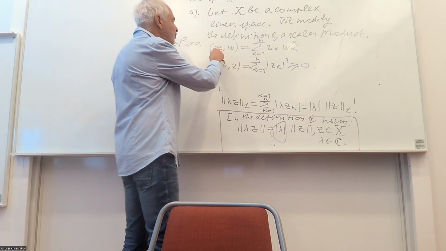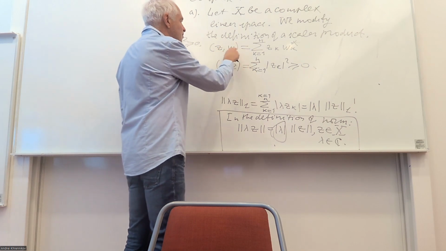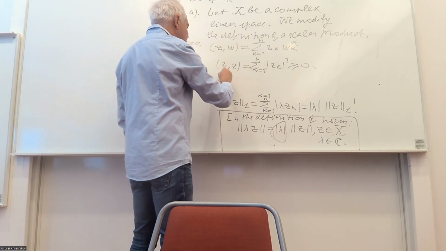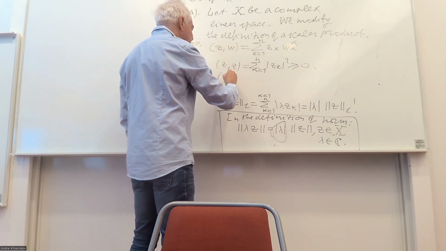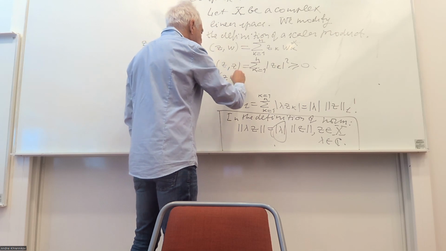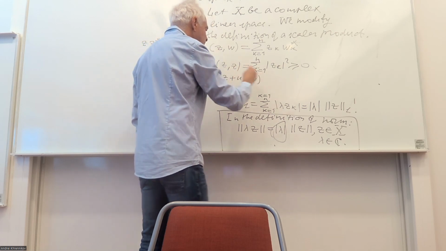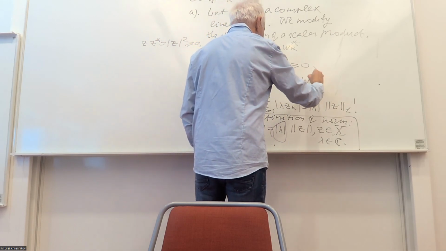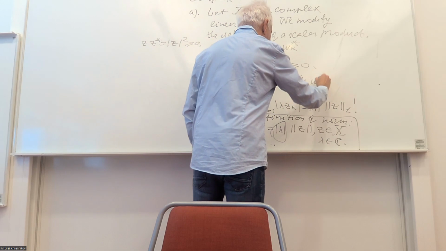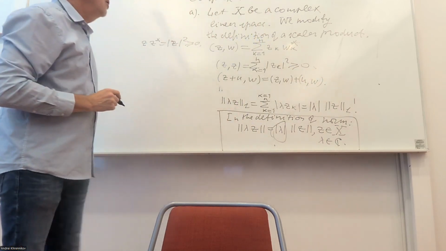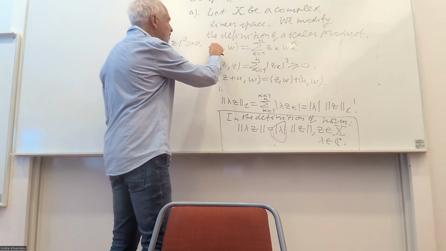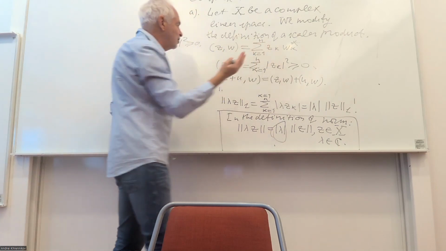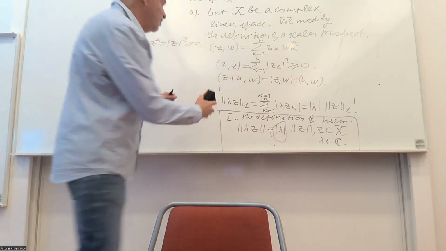In this example, if we put here the sum, then it will be the sum of the coordinates. So it is clear that if you put here z plus, for example, u, with w, we can open the brackets. So it would be (z, w) plus (u, w). If you put lambda here, it goes out just as usual, lambda.